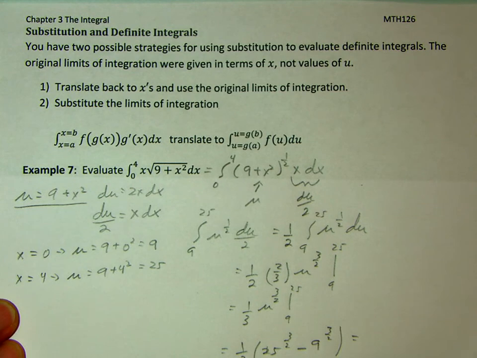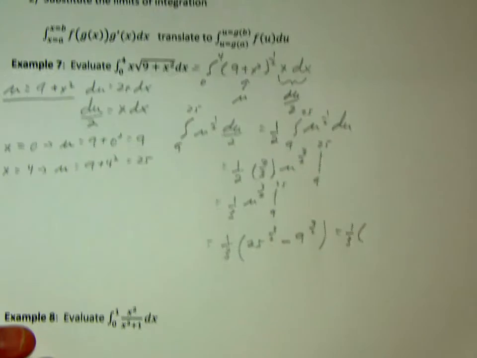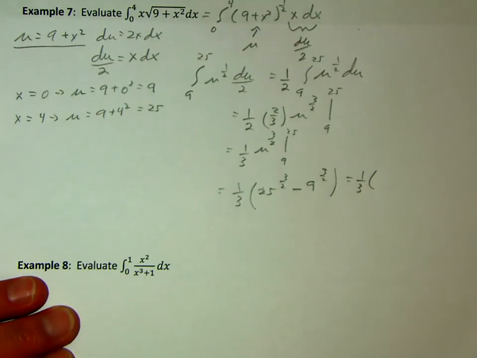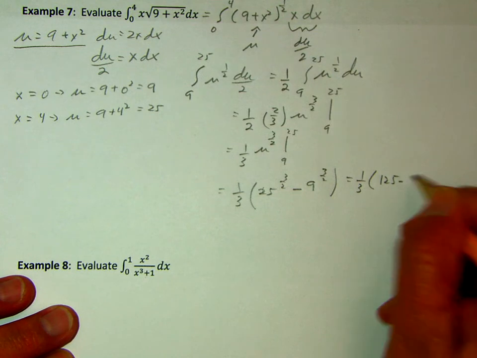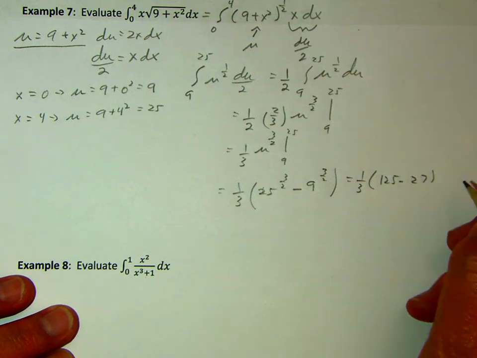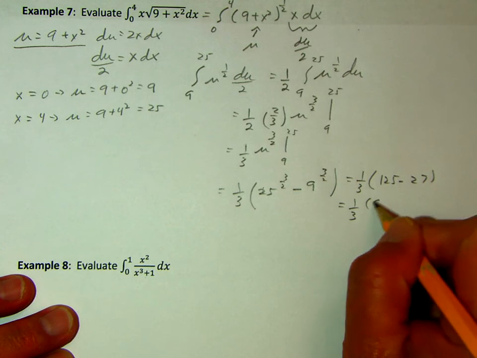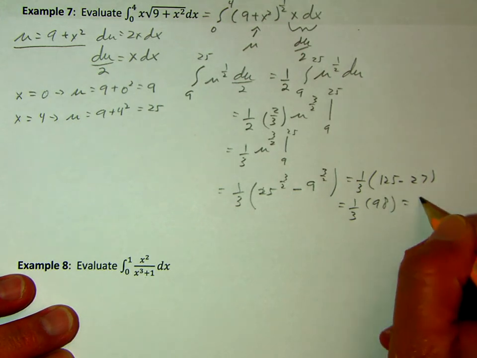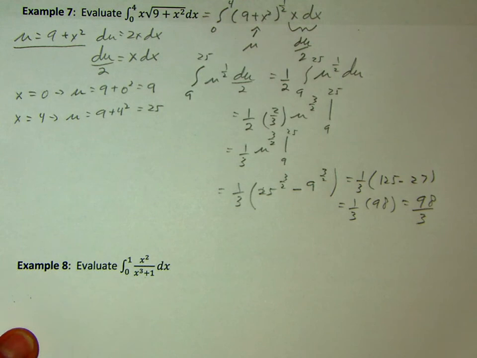So that would give me 1/3 of 125 minus 27, so 1/3 of 98, so 98/3, and we're done. Let's do another example.